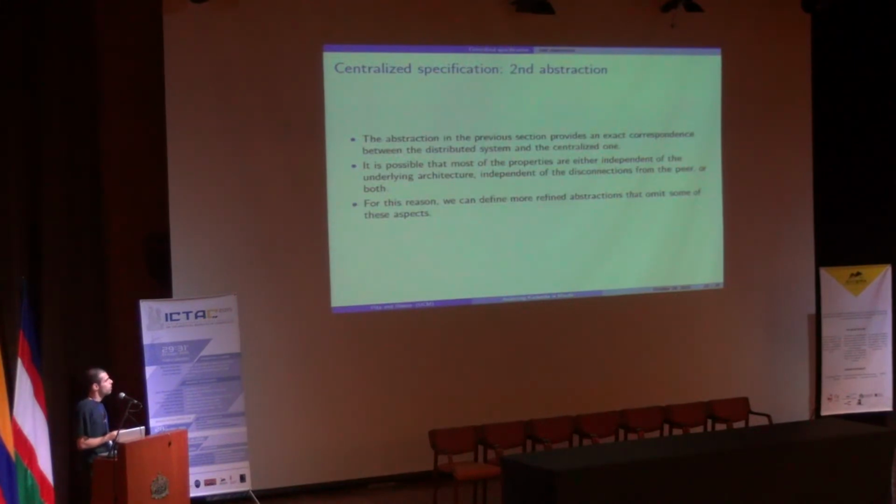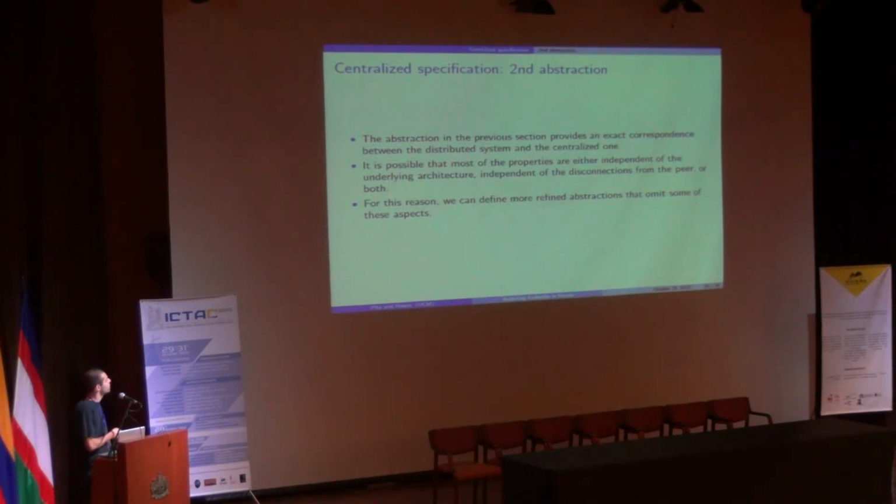Well, in this way we have our system, but what we thought is that possibly for proving properties on this protocol, it's not necessary to faithfully reproduce the behavior of the architecture, since there's probably no interest in disconnection for some properties or in sockets for some others.